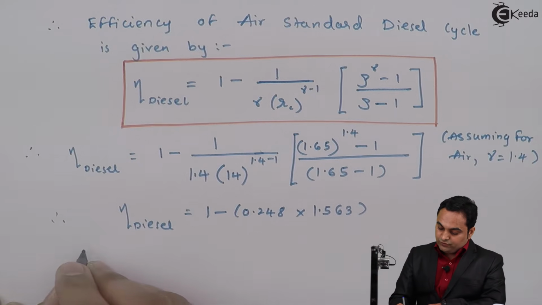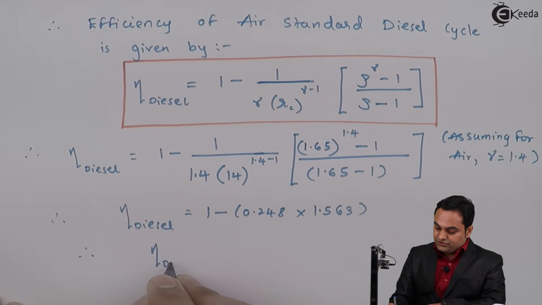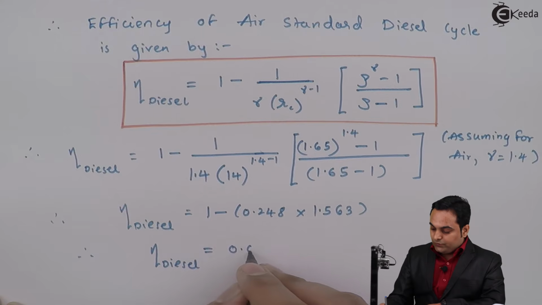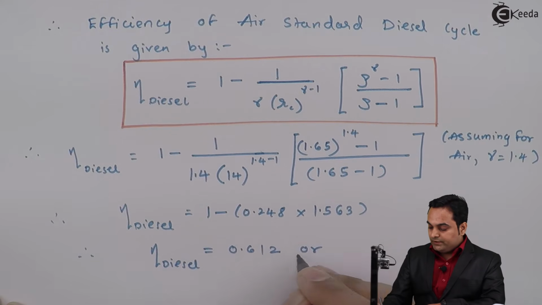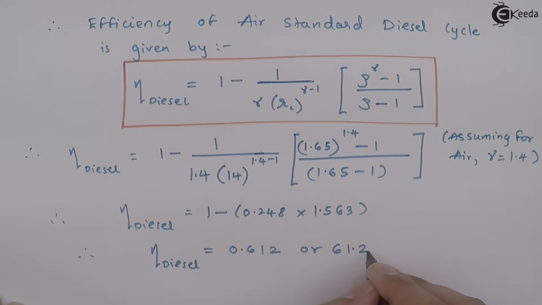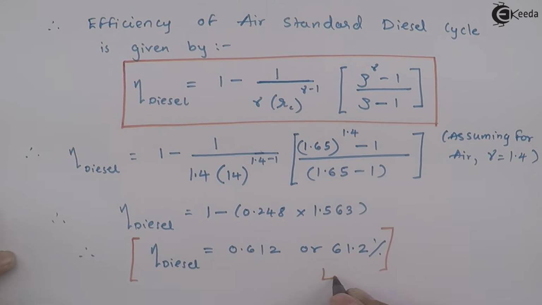So from this I am getting the efficiency of diesel cycle as 0.612, or when I multiply it by 100 it becomes 61.2%. So this is the efficiency of diesel cycle which we are getting from the first case. I'll give it as equation A.